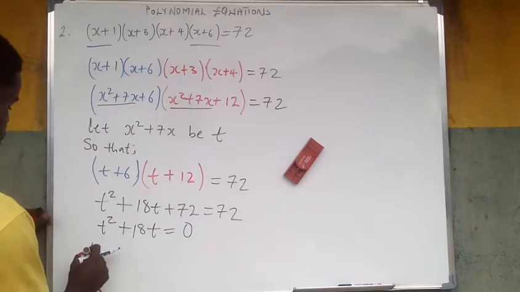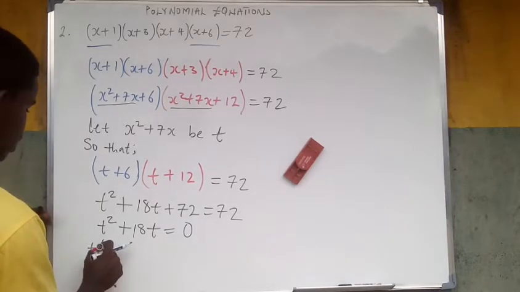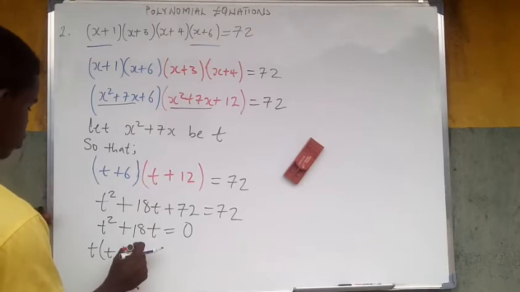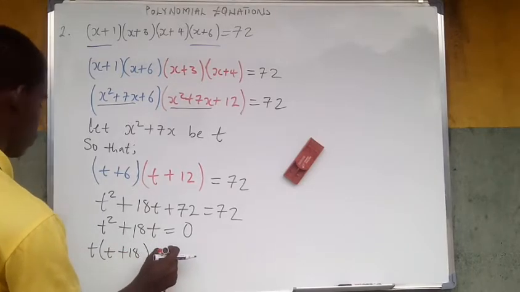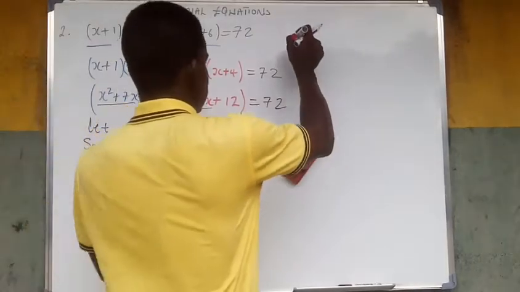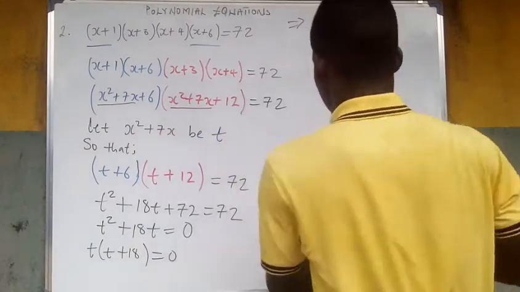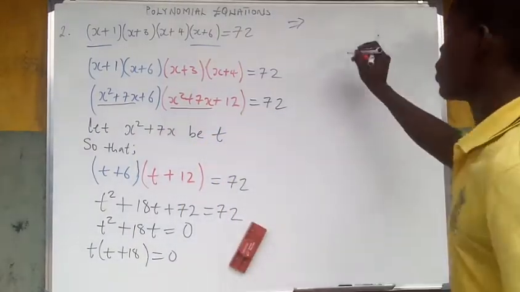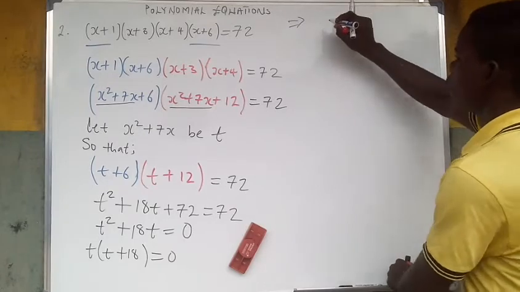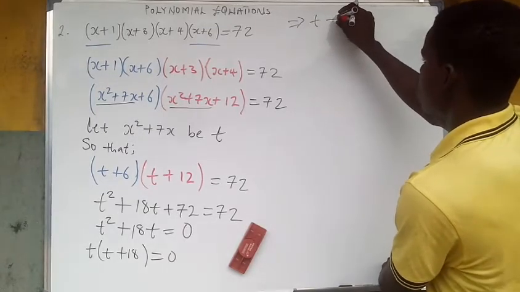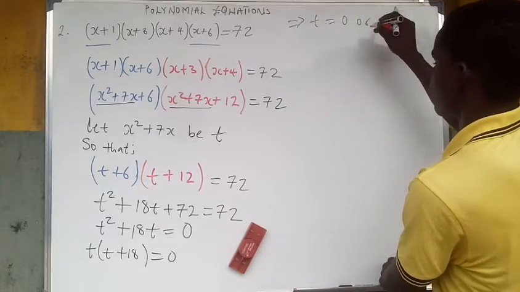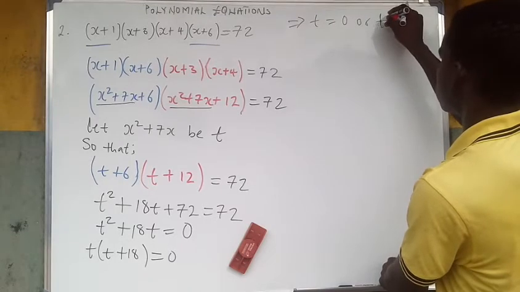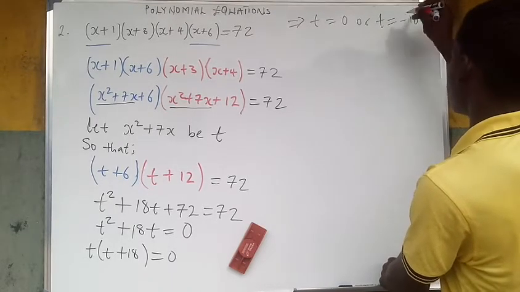So we can factorize, since t is common, we have t times t plus 18 equal to 0. This implies that t is equal to 0, or t is equal to negative 18.